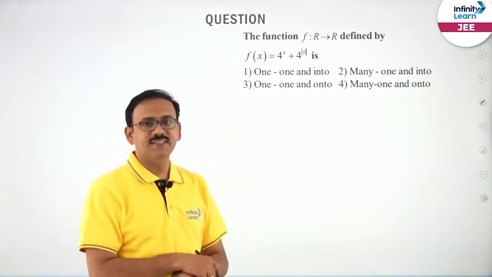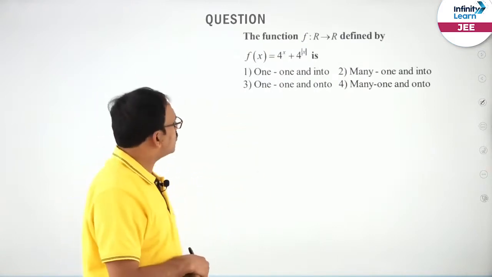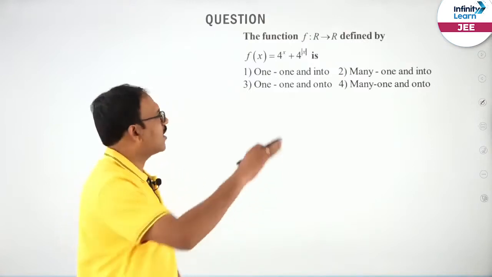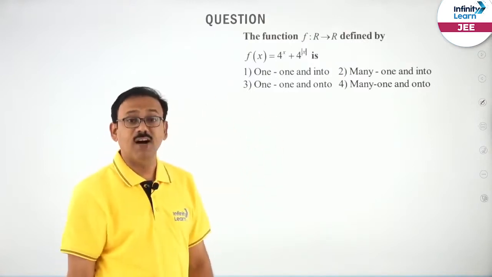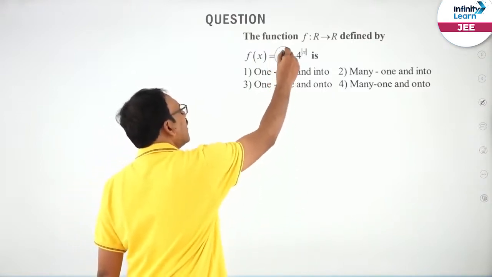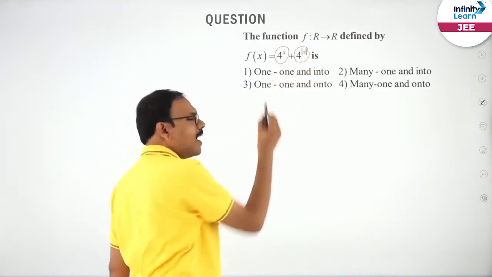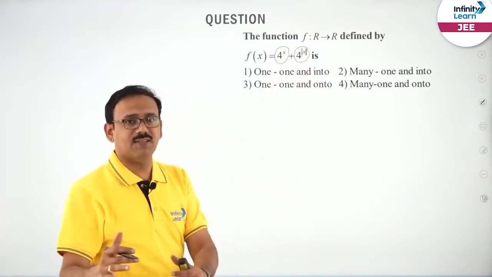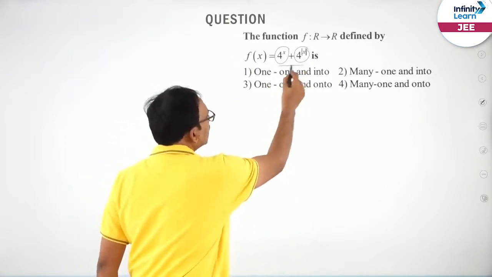Yeah, this is the function, friends. If you see this, immediately you can say that it is not onto. How? You see here, 4^x is always positive, 4^|x|, a^x is always positive. That is the basic point that you will learn in 8th class. So, the output is always positive.